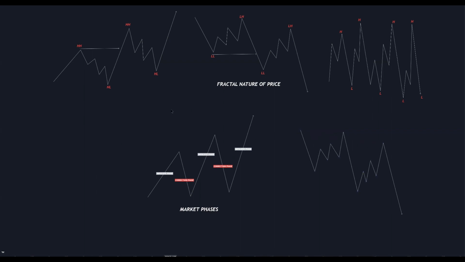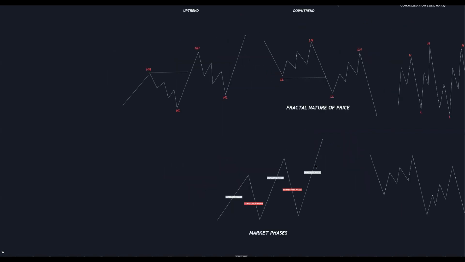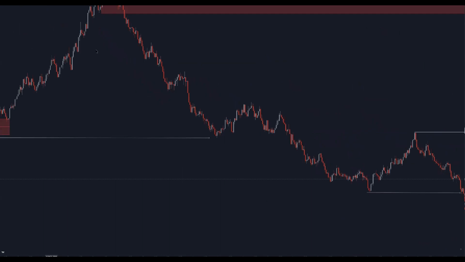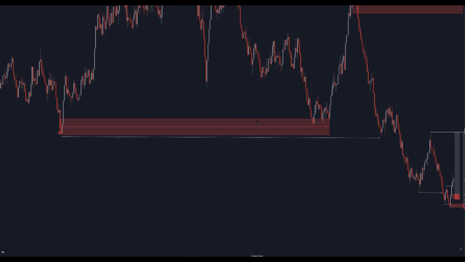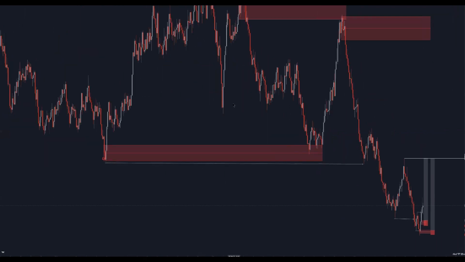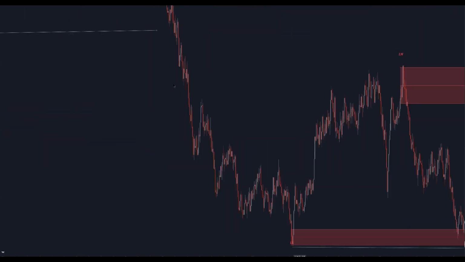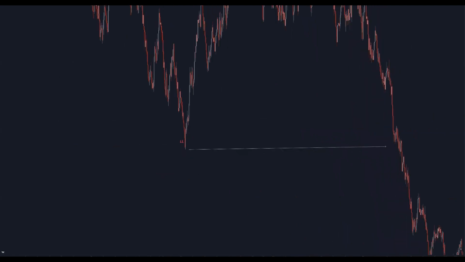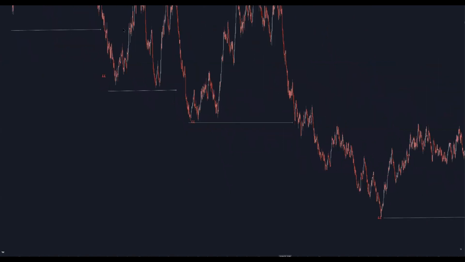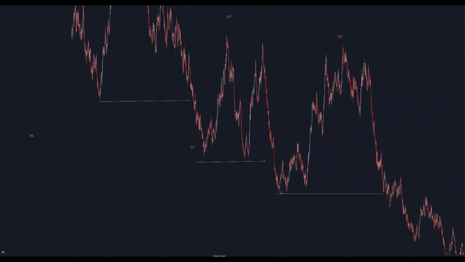So now let's go down to a live example. I'll quickly be describing the price on a live chart now, a live example, so you can understand what I mean with the concept of market structure.